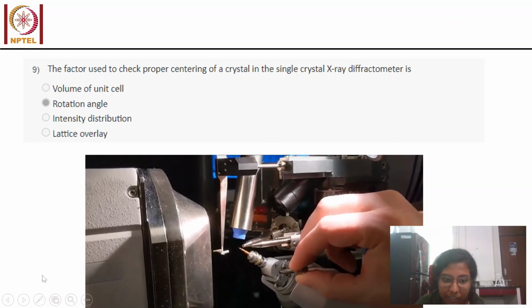It can damage the detector over time, because the central portion of the detector will be bombarded with X-rays continuously, and the direct beam has a lot of intensity, so it will go bad very soon.